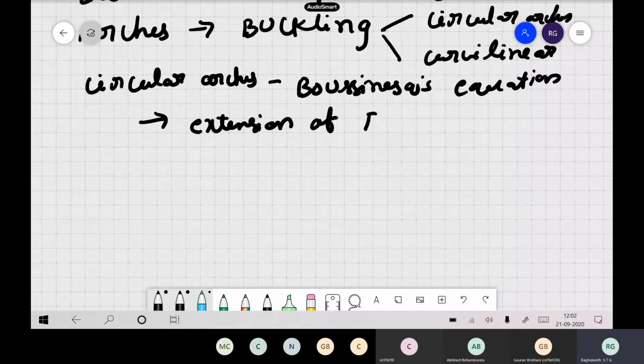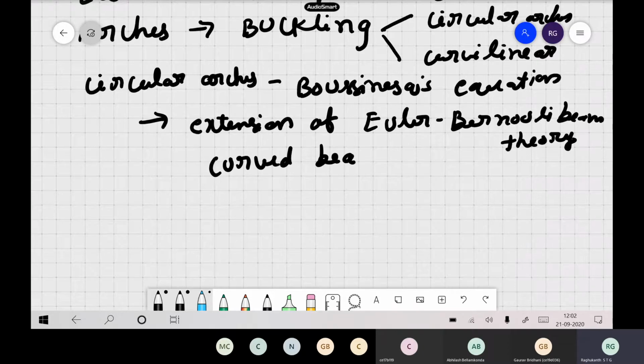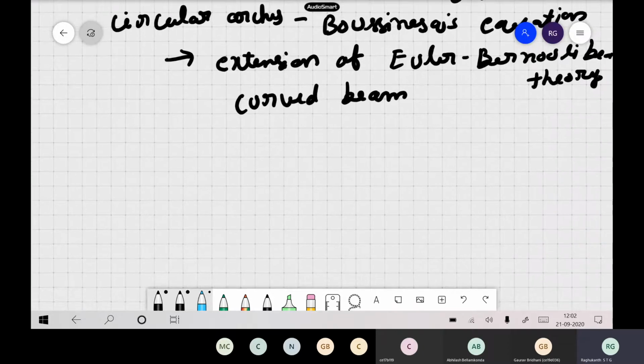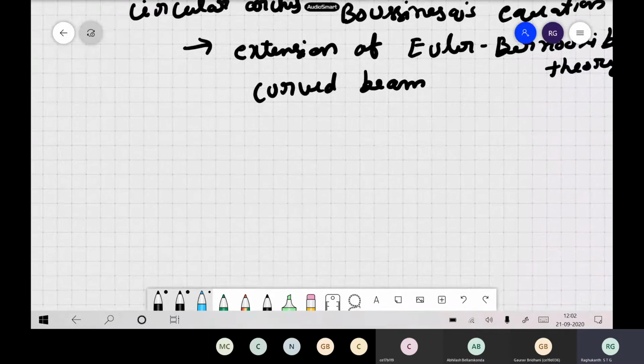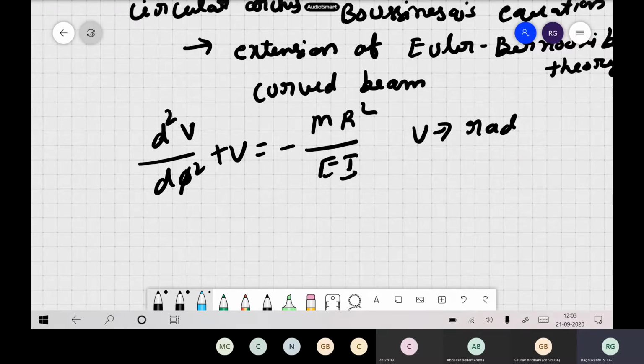Whatever beam theory we studied, the same thing is valid here. The only difference is that it is now a curved beam instead of a straight beam. I think we have written our equilibrium equation in the last class as d squared v by d phi squared plus v is equal to M R squared by EI, where v is the radial displacement.